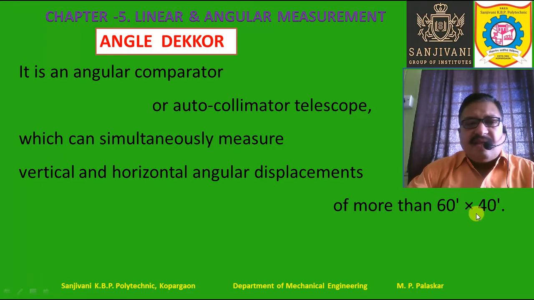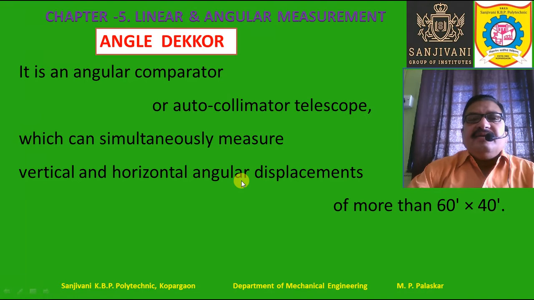So for example, in the vertical plane a displacement of up to 40 minutes can be measured, or in the horizontal plane an angular displacement of up to 40 minutes can be measured simultaneously with the help of this device known as the angle decker.